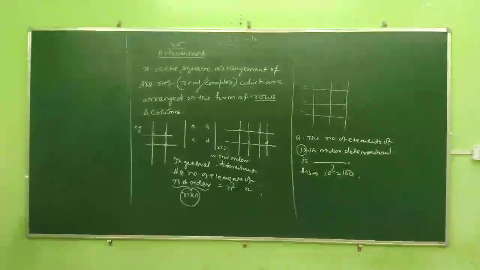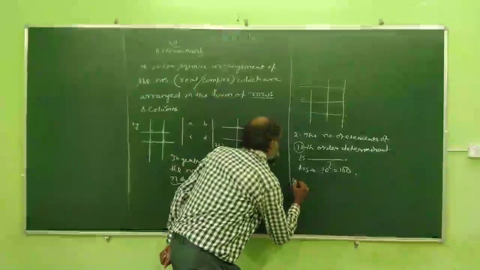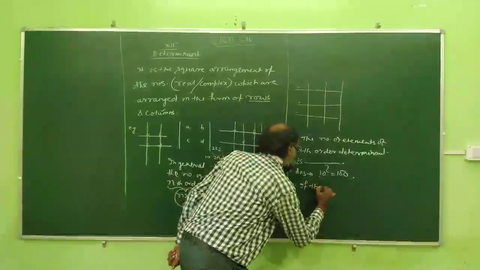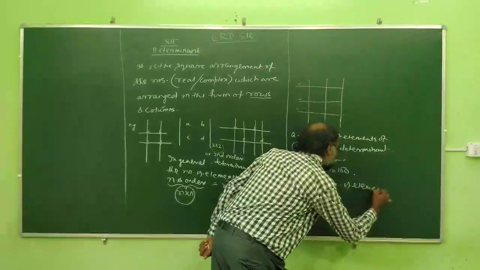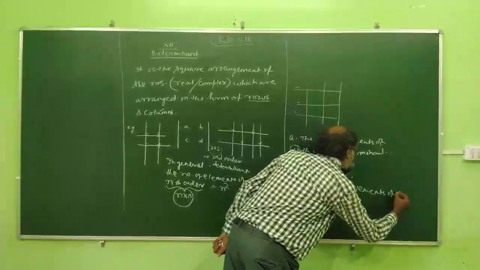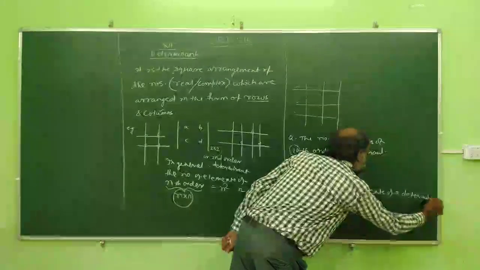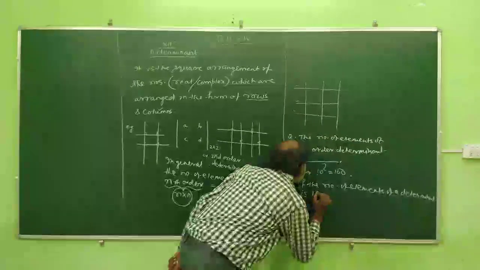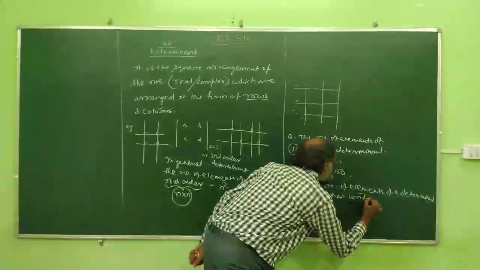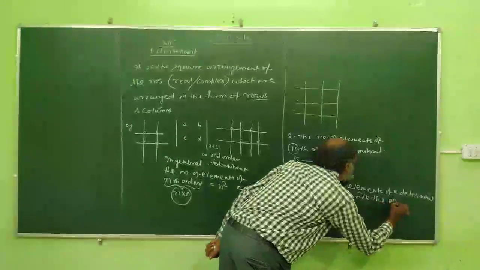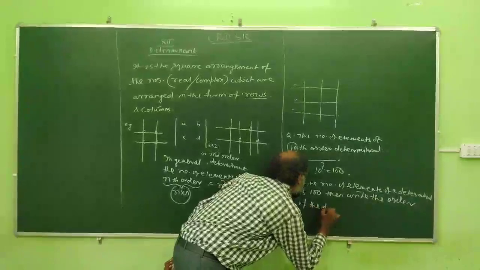Now let us twist the question. Suppose the question is twisted. Ready? If the number of elements of a determinant is 100, then write the order of the determinant.